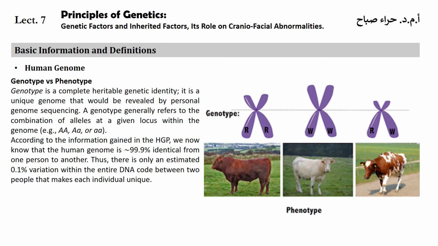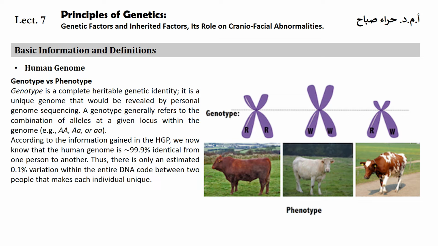A genotype generally refers to the combination of alleles at a given locus within the genome, as in the previous example: capital A and A from the maternal and paternal origin, or capital A from the maternal and small a from the paternal, or small a and small a from the maternal and paternal origin.